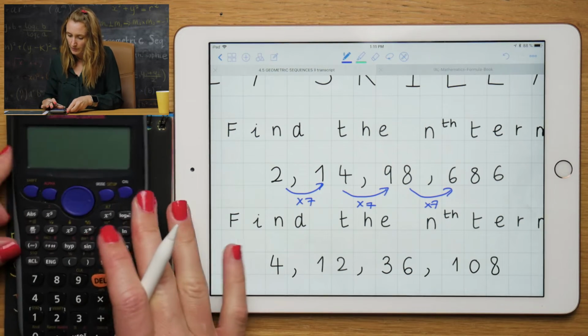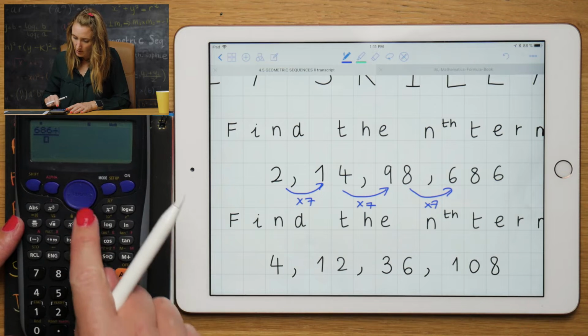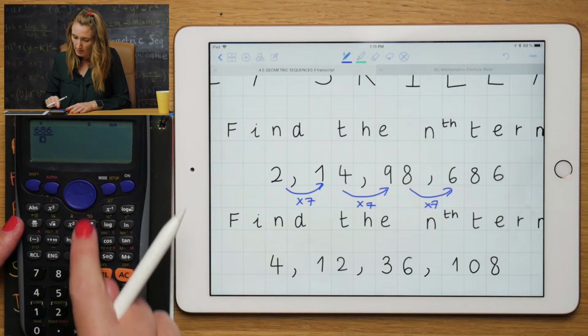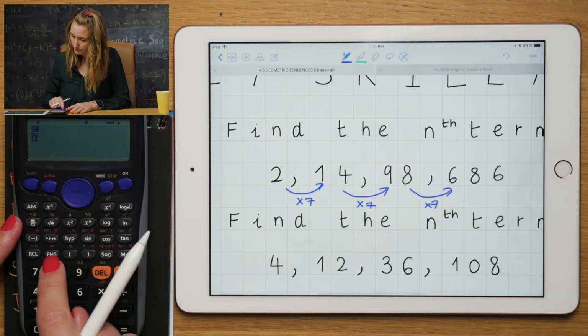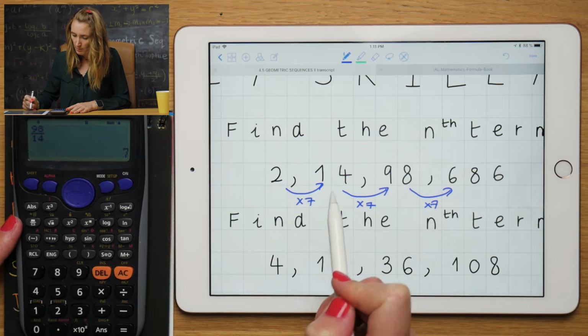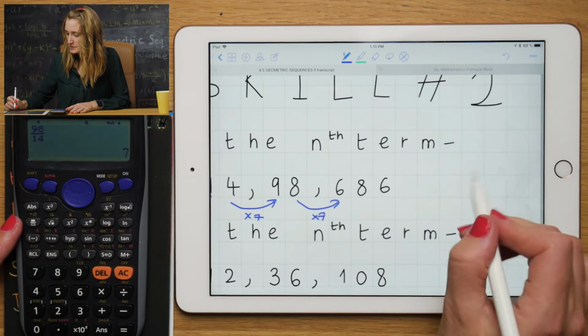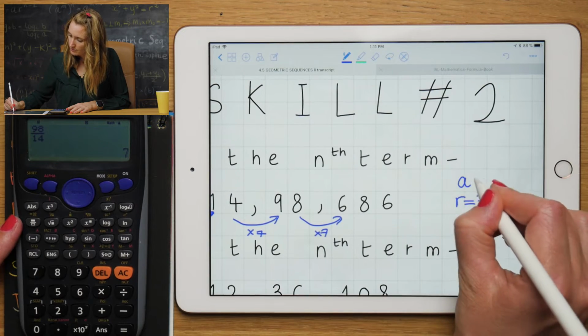You can check them. Remember, the one in front divided by the one behind should always give you the same number, and that number is the common ratio R. So all of these times, when I put the one in front divided by the one behind, I always get 7. So let's just keep a note: R here is 7 and A is 2.